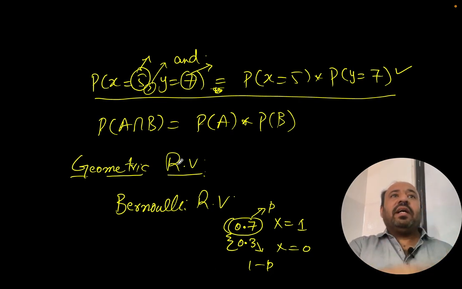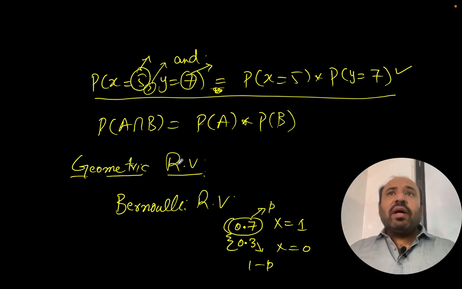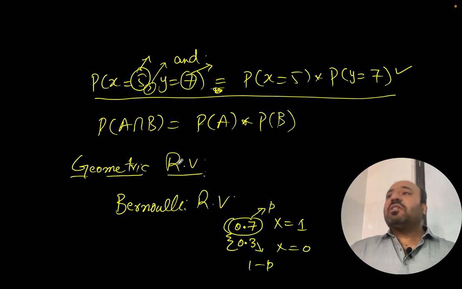You keep on repeating until you get a success. And when you get a success, you count the total number of Bernoulli experiments you have done so far, and that number is the value of the random variable. Get the idea?